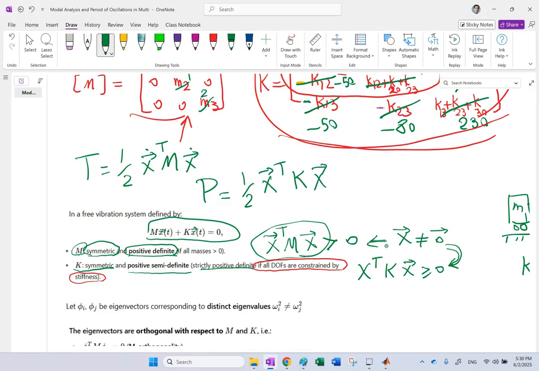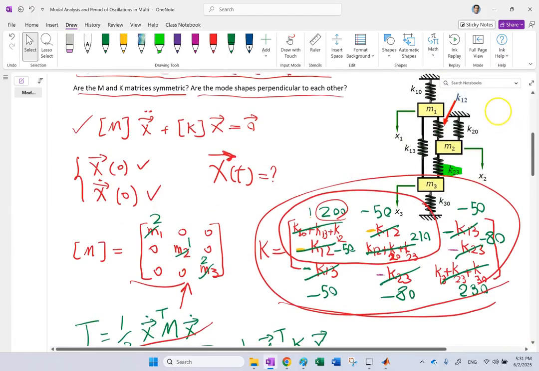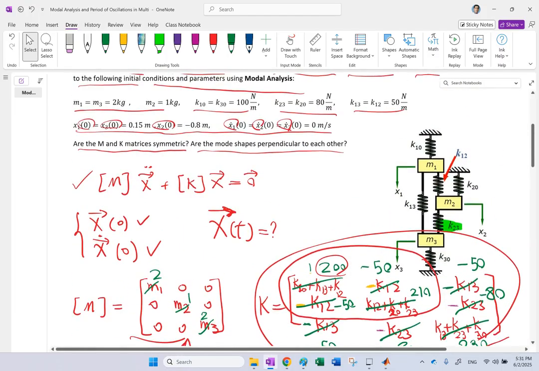And again, the spring potential energy is also quadratic in terms of x, so K should also be symmetric as well. Okay, so because of the relation between mass matrix and kinetic energy, and stiffness matrix and potential energy, and the fact that they always have quadratic terms, we can see why the M and K matrices have to be symmetric. So these are the properties of M and K, and this is the M and K for this specific system so far, okay?